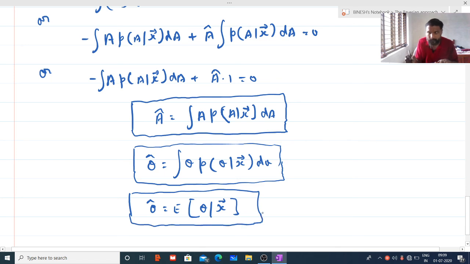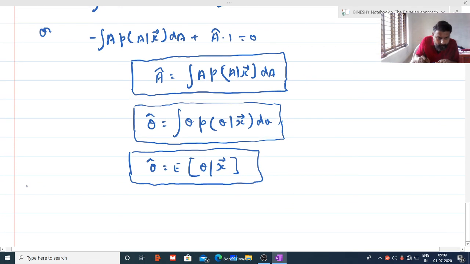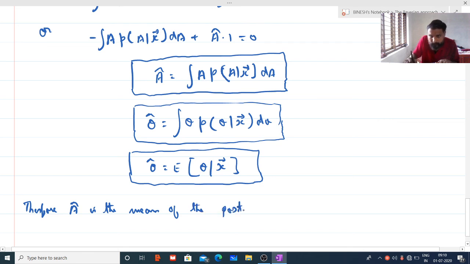Clear? Therefore A cap is the mean of the posterior PDF P of A given x. Underline that word, posterior PDF.